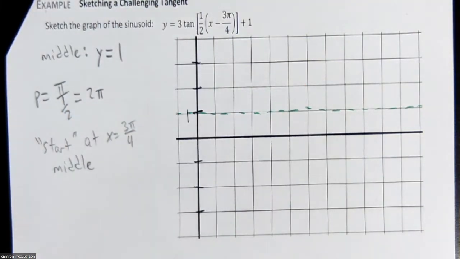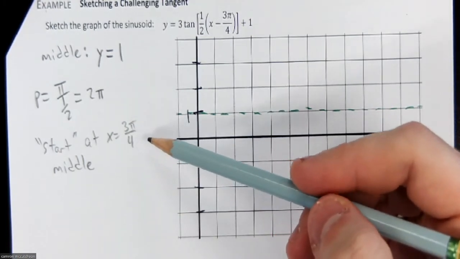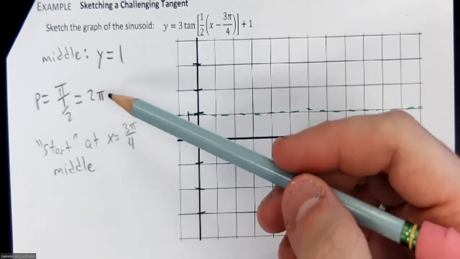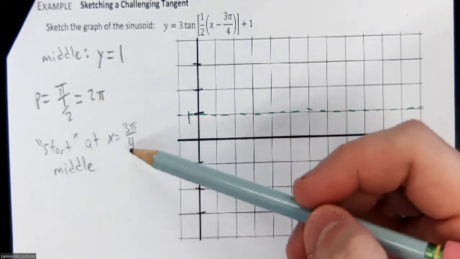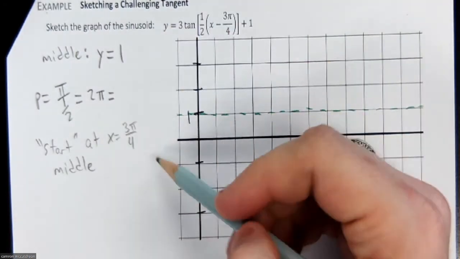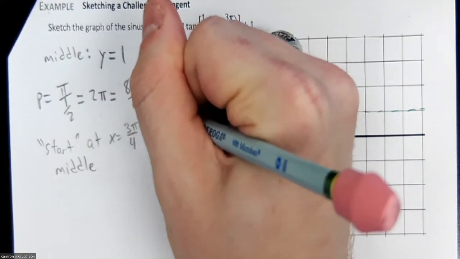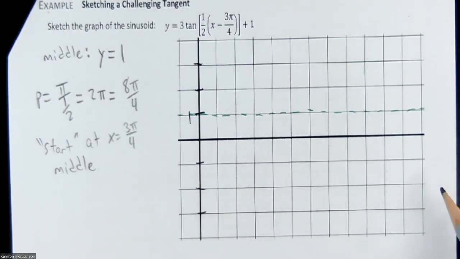And you go, okay, I have a phase shift of 3 pi over 4, a period length of 2 pi. You want the period length and the phase shift to be in the same denominator. So we'll change this 2 pi to be 8 pi over 4. Looks to me like I should probably have my scale be in terms of pi over 4.